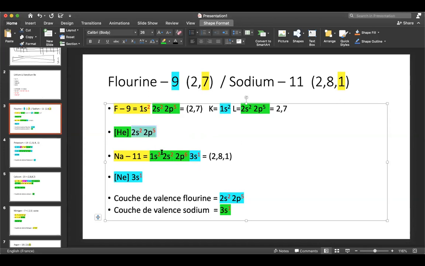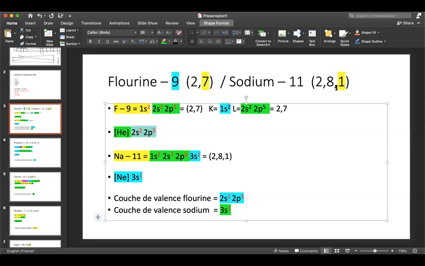Now we went further on, we looked at sodium. So we said sodium has 11 electrons, or protons. Now its electron configuration, d'après la méthode de Zambie, is 2,8,1.